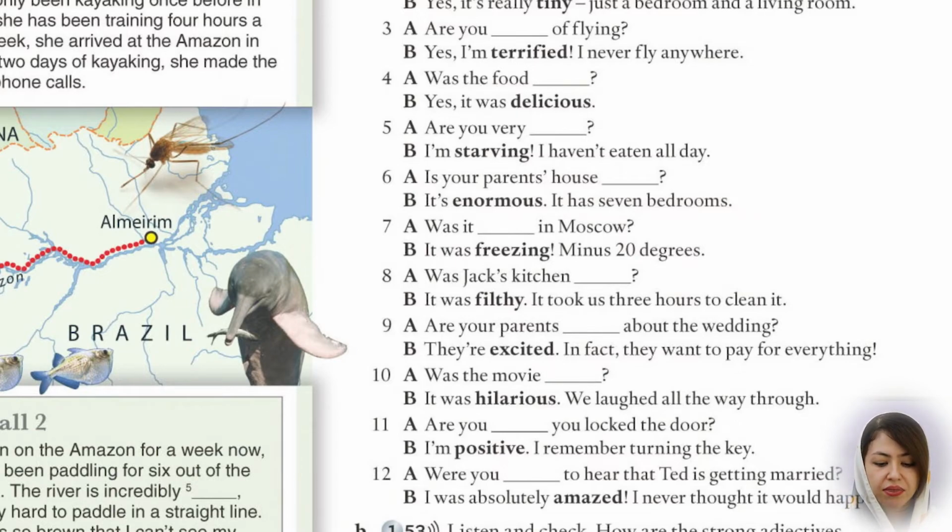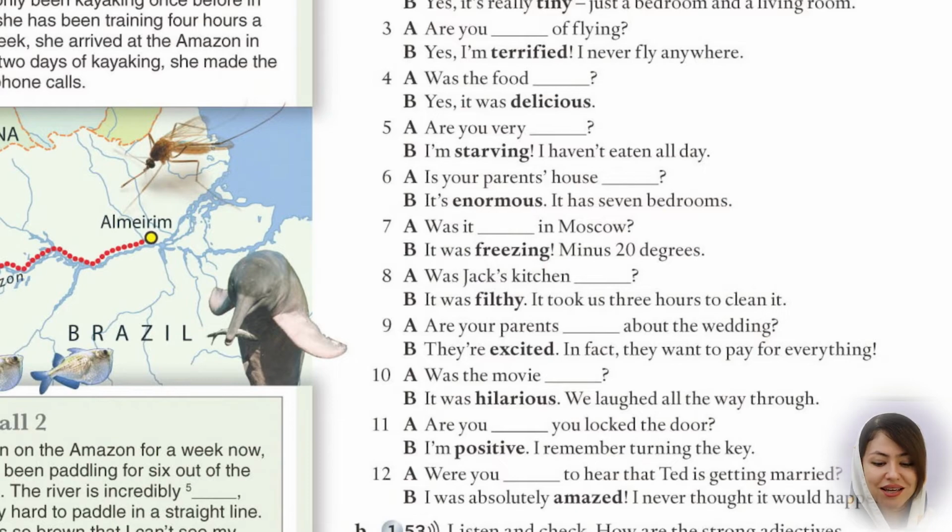Now next, is your parents' house big? It's enormous. It has 7 bedrooms. Enormous means big, very big, okay? Is your parents' house big? Next is, was it cold in Moscow? It was freezing, minus 20 degrees.